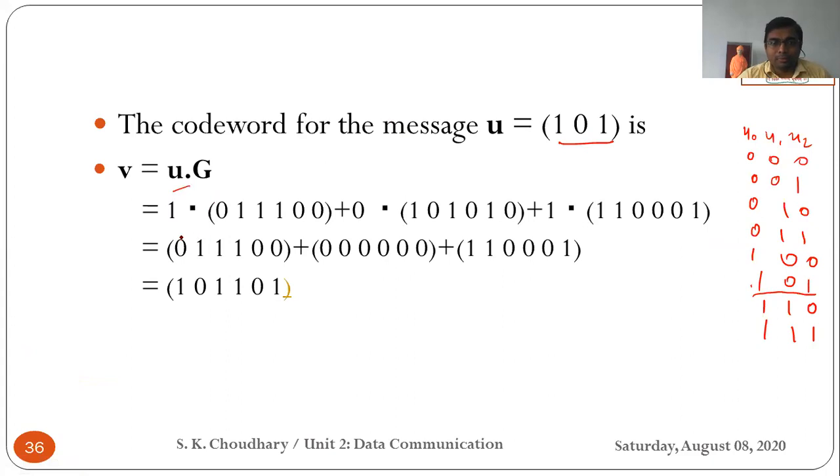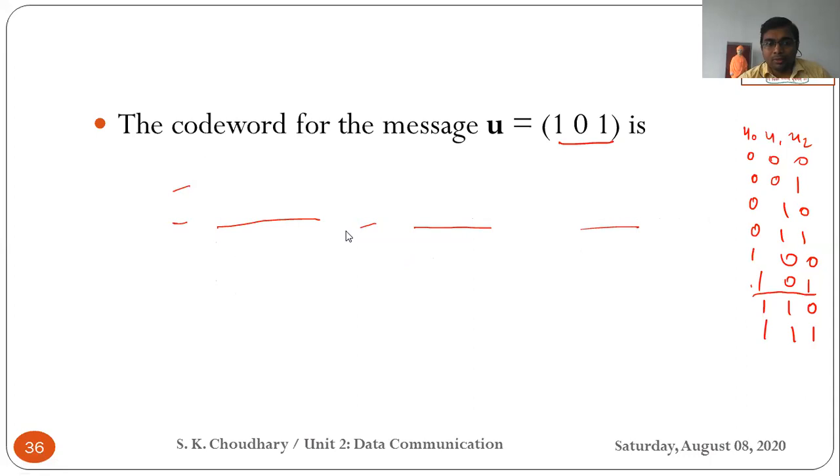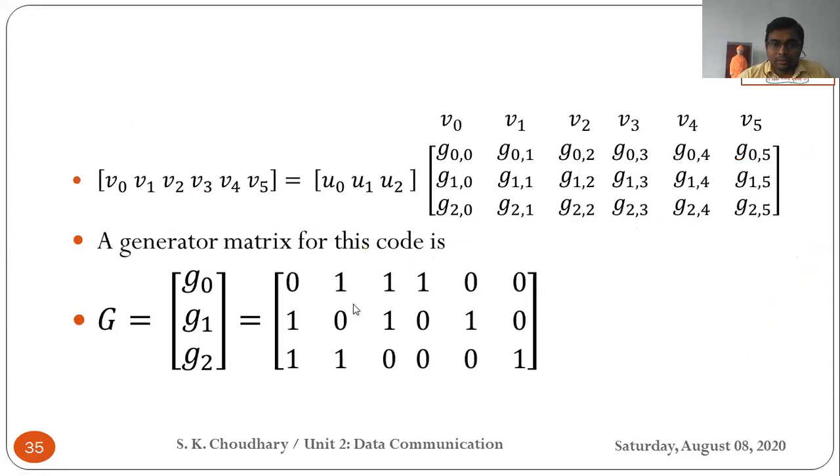You have to see the first bit is 1, and that is multiplied with the G. Then 0 is multiplied with the second row of G, and then the third.